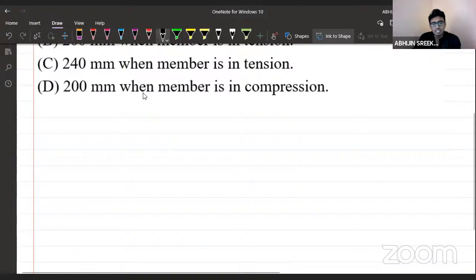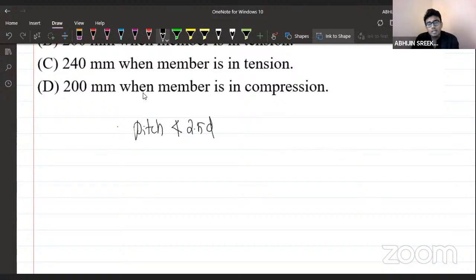We have studied this. Pitch is defined as the center to center distance of the bolts in the direction of the load, right? And pitch shall not be less than 2.5 times the diameter of the bolts.